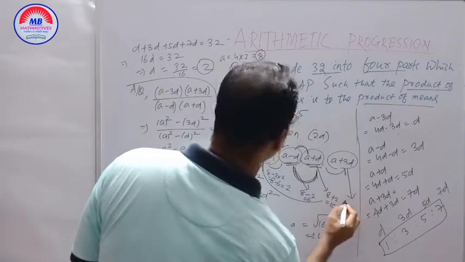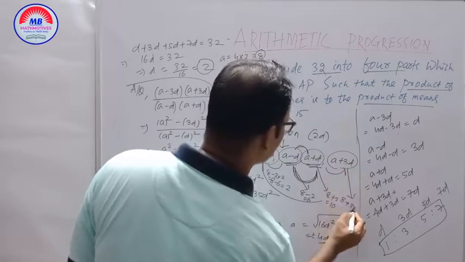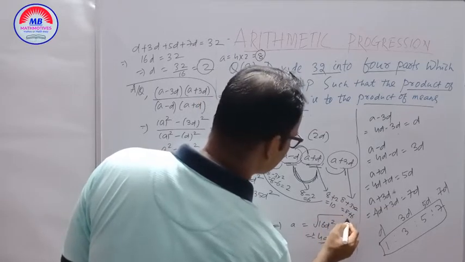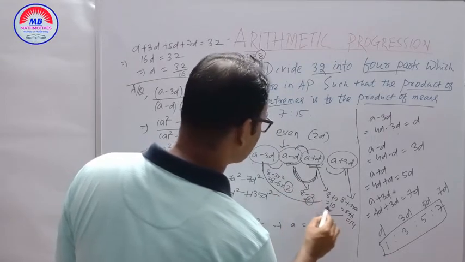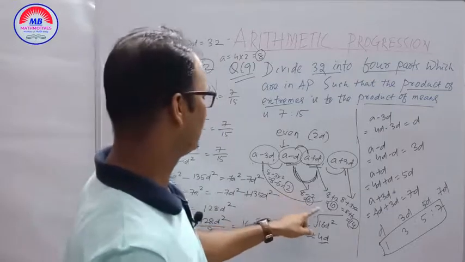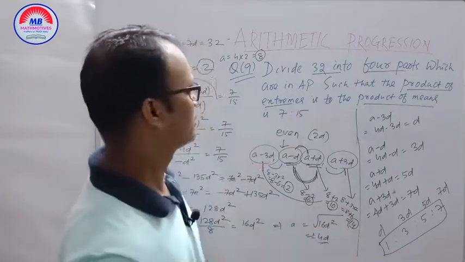Fourth, A is 8 plus 3 into D. 3 into 2, that is equal to 8 plus 6 equal to 14. So it is 2, 6, 10 and 14. You see 4 parts: 2 plus 6, 8 plus 10, 18 plus 14 equal to 32.